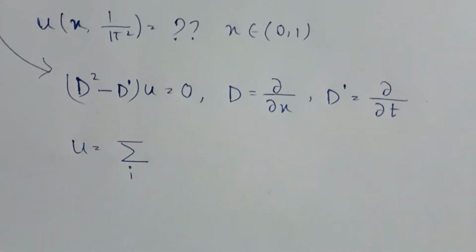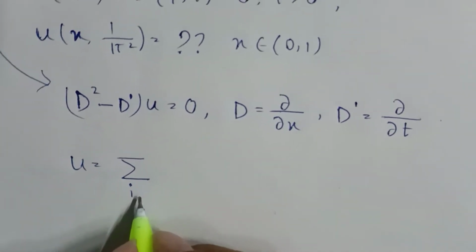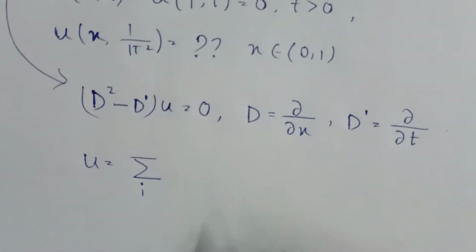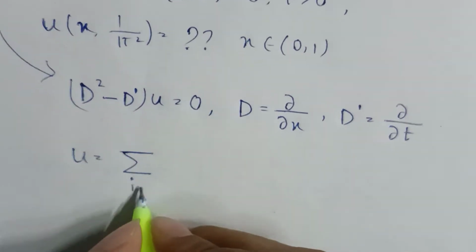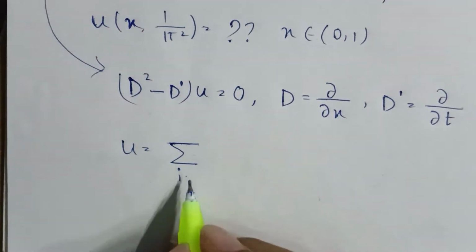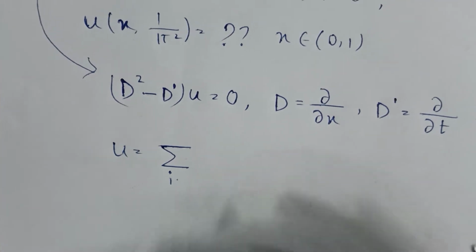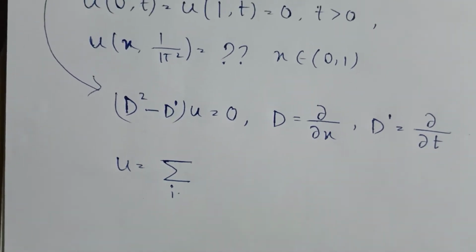i, and here we don't know where i runs from. So we cannot say this runs from 0 to infinity or 0 to some finite number. We cannot conclude that.